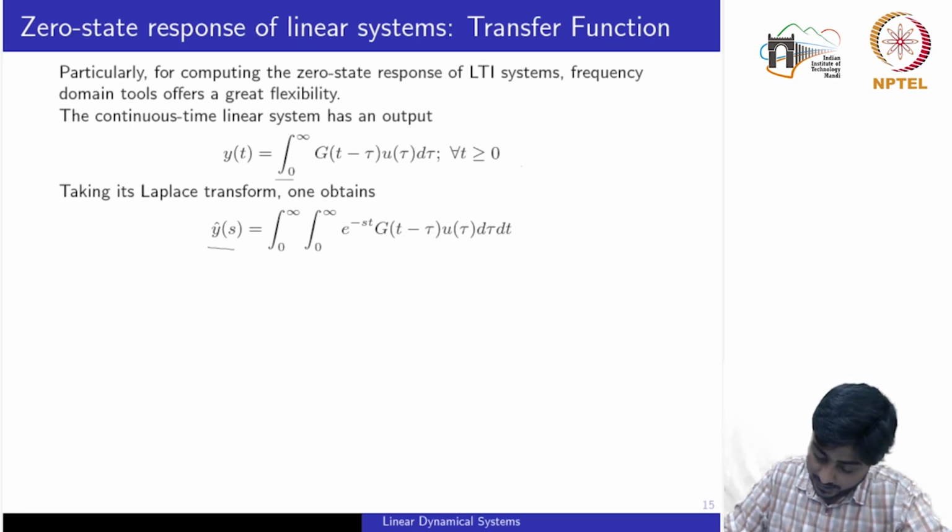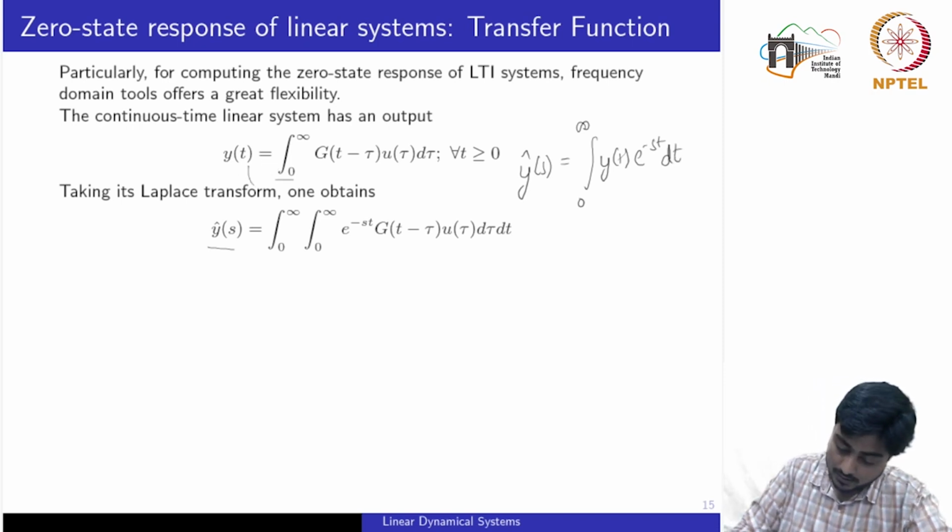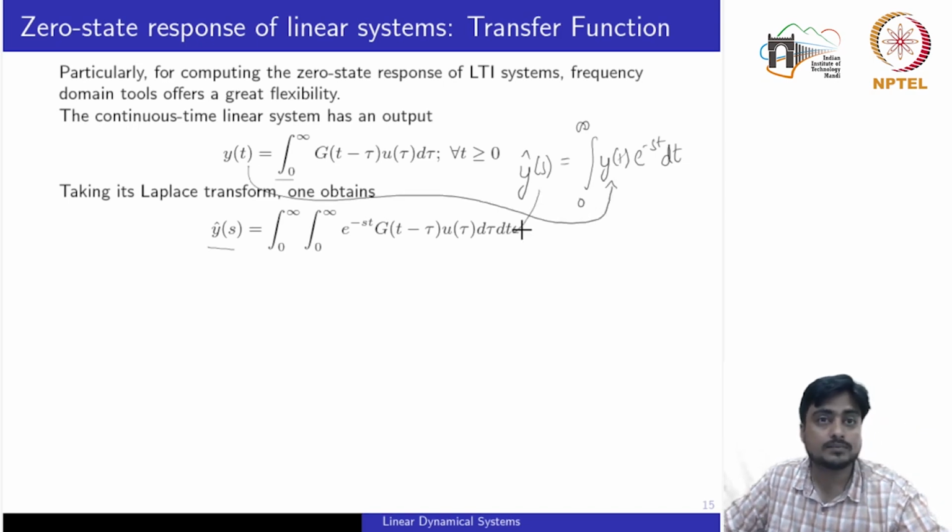If I write it explicitly, we would have y hat of s as the integral from 0 to infinity of y of t e to the power minus st dt. We just put y of t from here to here, and then we obtain this one.